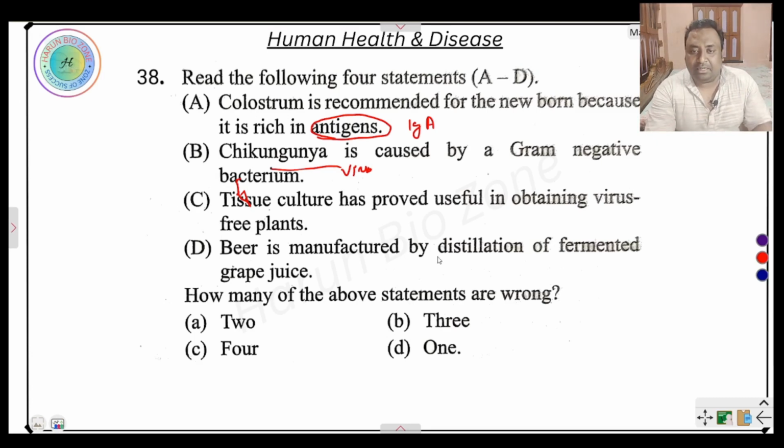Beer is manufactured by distillation of fermented grapes, not. In the case of beer, there is no distillation, but in the case of fruit juice there is a distillation process, and distillation means more purification. So this is the wrong answer.